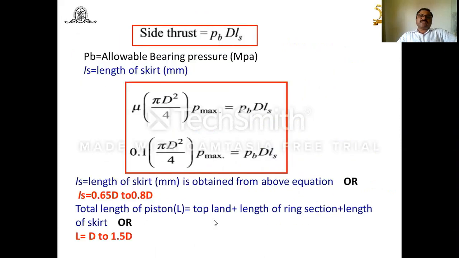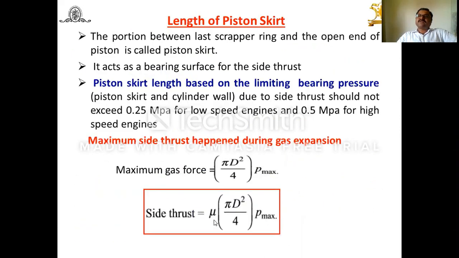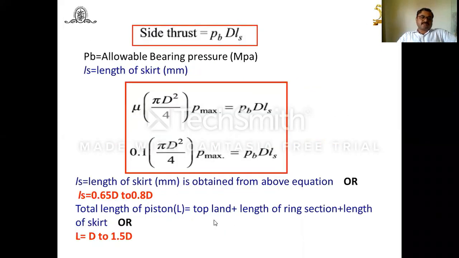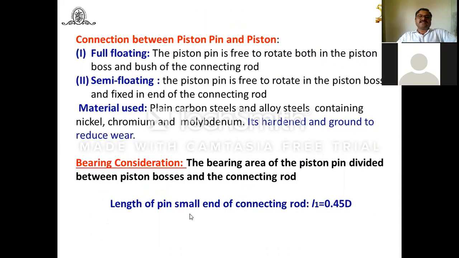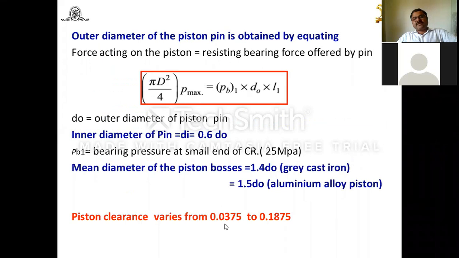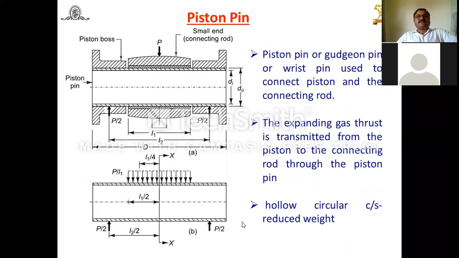If the piston diameter is equal to the cylinder liner diameter, it may get stuck with the cylinder liner, and that's why some clearance is provided. This clearance varies from 0.0375 to 0.1875, and then the piston can reciprocate inside the cylinder.